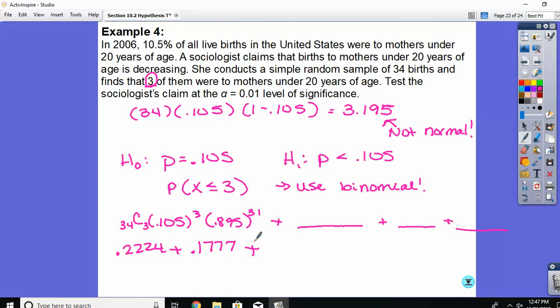Then you do 34 choose 1, 0.105 to the 1st, 0.895 to the 33rd. And then you do your 34 choose 0, 0.105 to the 0, 0.895 to the 34th. And then we would have to add all those together. Now we are going to have some rounding error here.